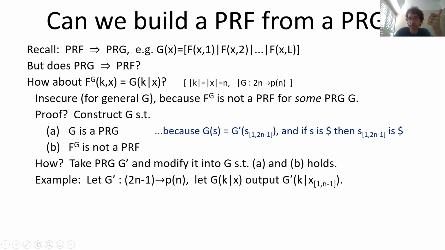There is another problem, which is that a PRG is okay to see its outputs if every time it's seeded with a new random seed. But here it wouldn't be. This key K was chosen once, but then for every X, this key K was the same.